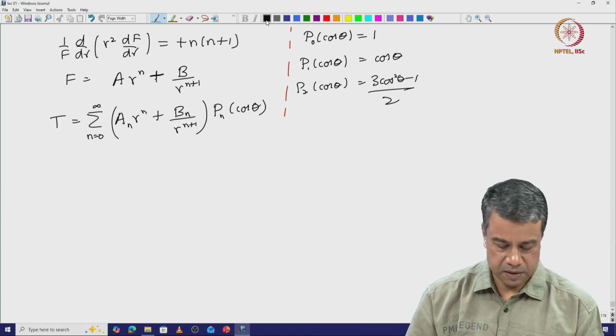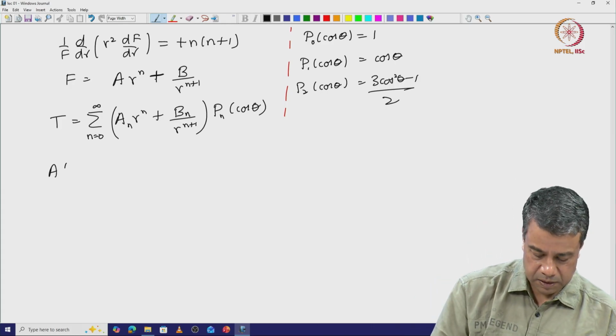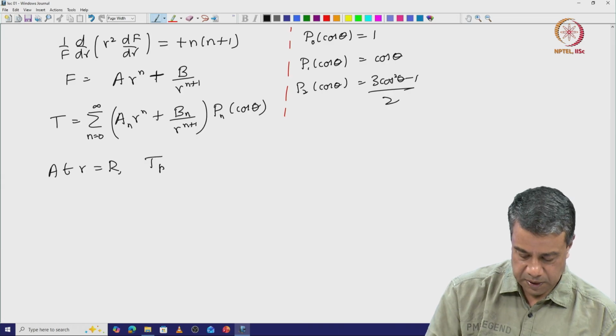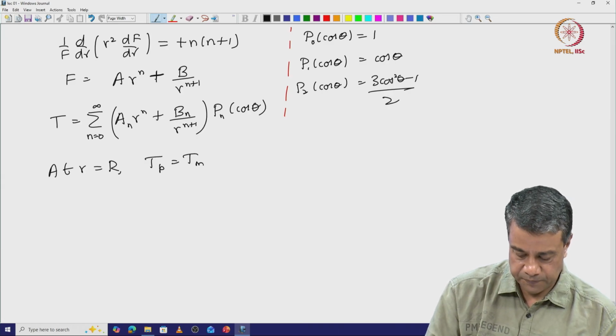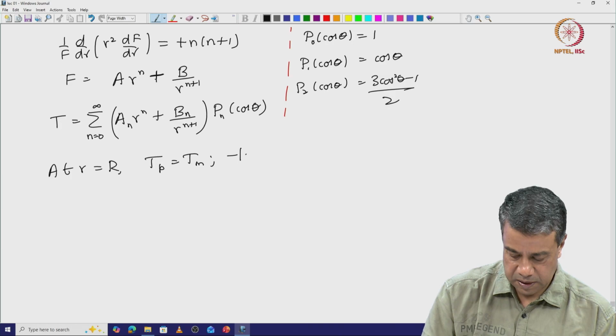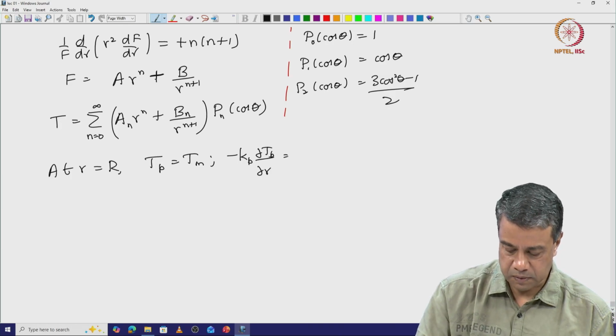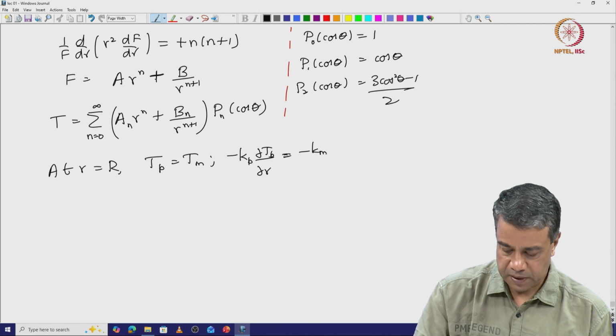What were the boundary conditions? At r is equal to R, Tp is equal to Tm, and minus Kp partial Tp by partial r is equal to minus Km partial Tm by partial r.